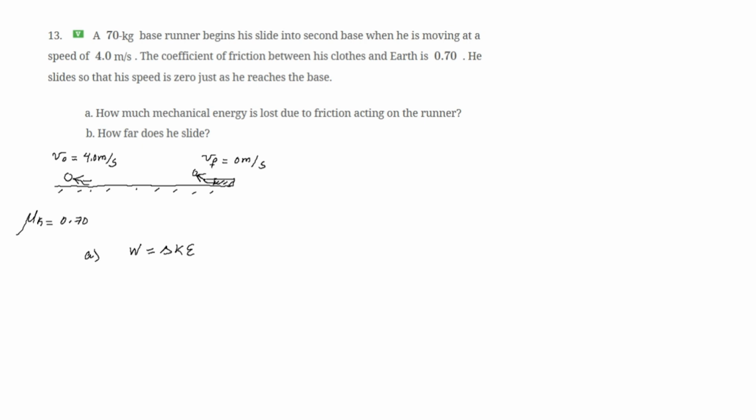There is a force acting on the base runner as he's moving, the kinetic friction, acting against the motion. Remember that this guy is moving to the right, toward the base, but the force of friction is acting against the motion. So this force of friction is doing a work, and that work can be calculated as the variation in kinetic energy. This is what we call the work energy theorem.